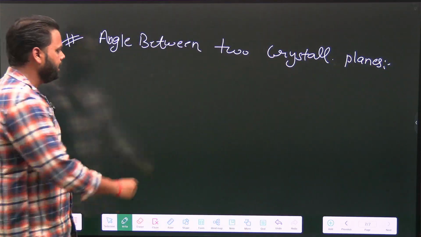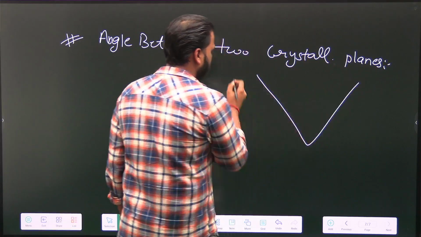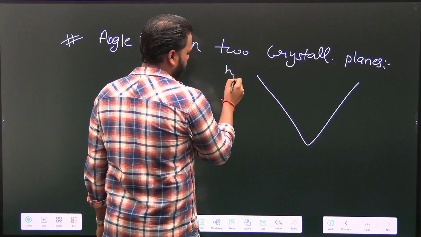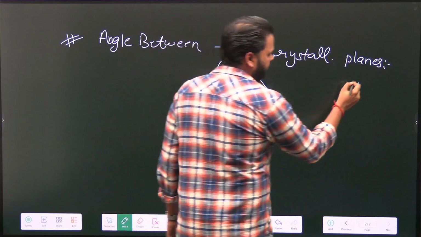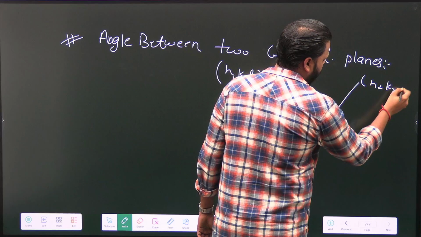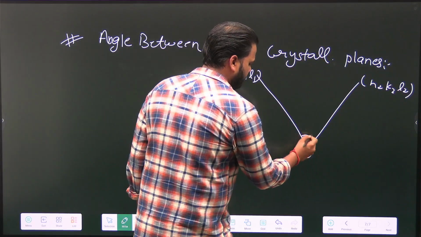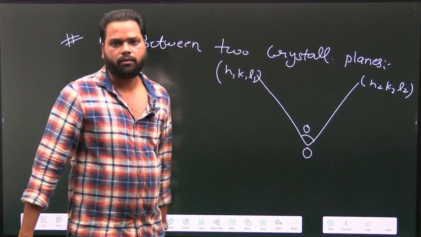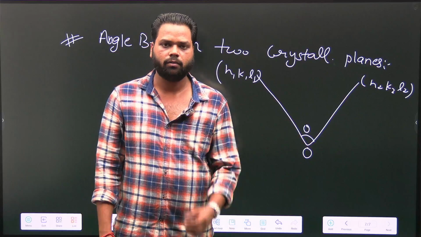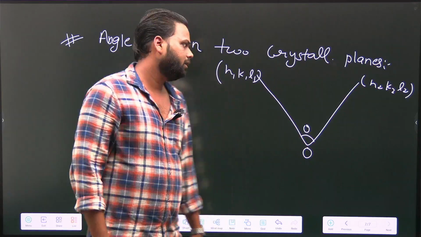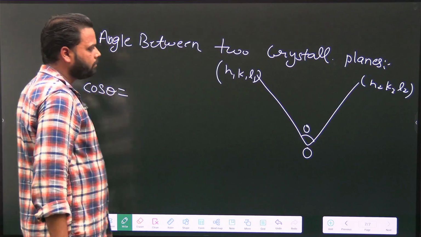So the angle comes out, see, this is simply a dot product. Let's suppose the first coordinate is h1 k1 l1, this is a vector of h1 k1 l1, and the second is h2 k2 and l2. This is our O and this is angle theta. So if you take cos theta, just from the very basic dot product concept, a vector dot b vector is equal to mod a mod b cos theta. So from there you can find out cos theta is equal to what?